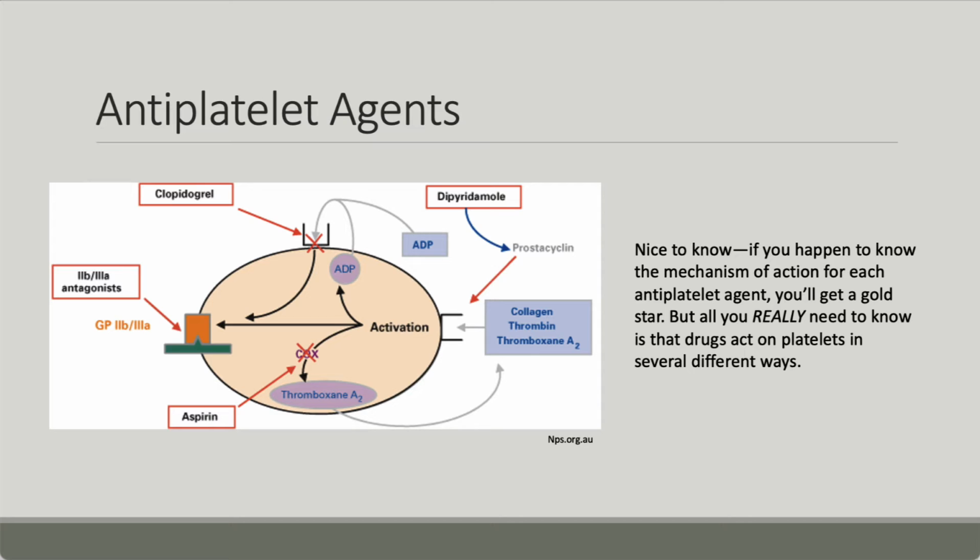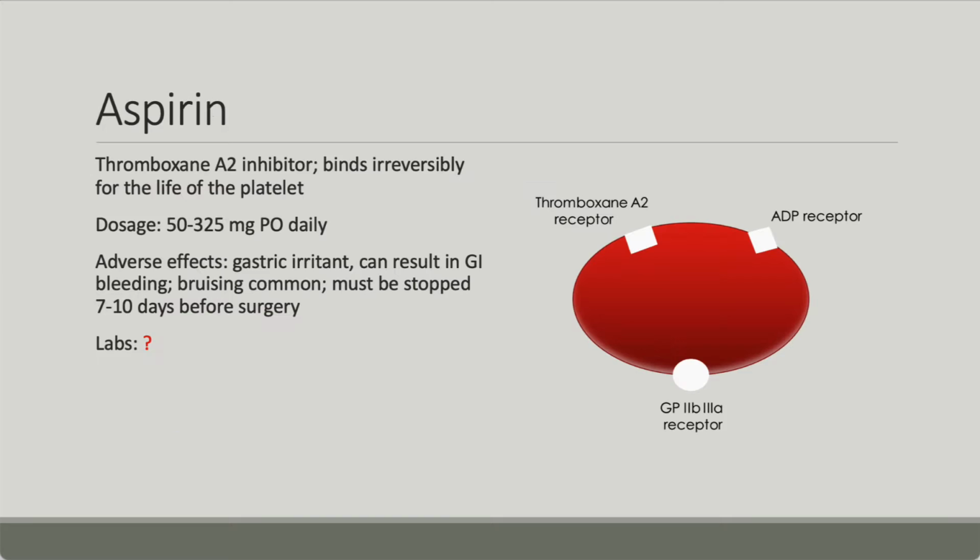So I want you to know those three receptors just so that you understand the different ways that these drugs work. Aspirin, as I mentioned earlier, is a thromboxane A2 inhibitor. Not important that you know that, but that's how it works. It is important that you know that aspirin binds irreversibly to the platelet for the life of the platelet.